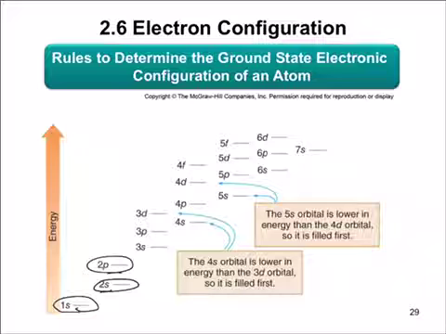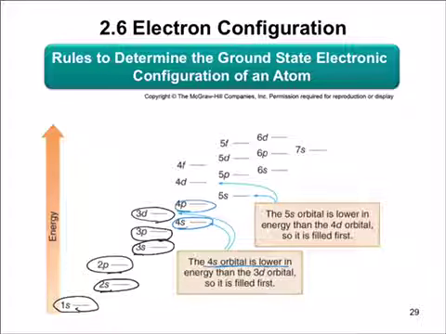Okay? Then we move to the 3s, and then the 3p. But take a look, this pesky 4s here is actually lower in energy than the 3d. So the 4s orbital gets filled before the 3d. You fill up the 4s, we fill the 3d, and then we move to the 4p. But then this pesky 5s is lower in energy than the 4d, so we fill it up first, then we go to the 4d.